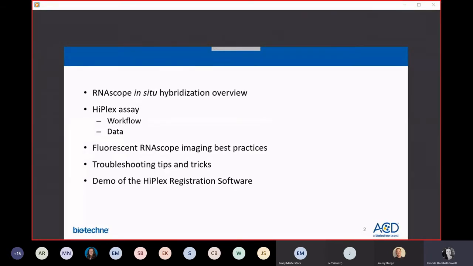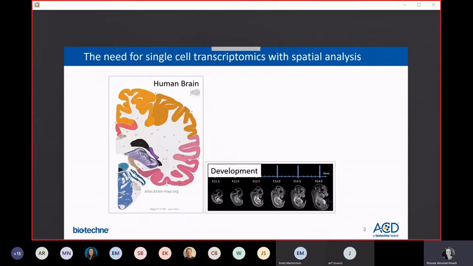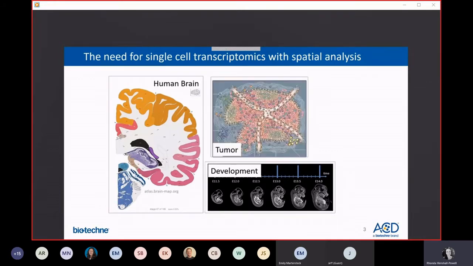But first, I just want to explain why this is such a useful tool. So with that, complex tissues, like central nervous system, for example, are comprised of multiple cell types and states. And things change throughout the course of development, and sometimes things go wrong.